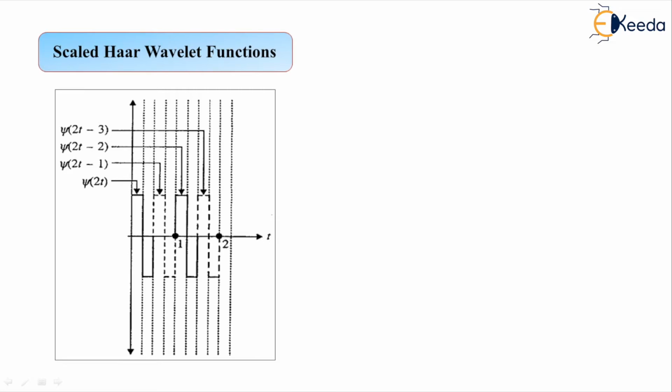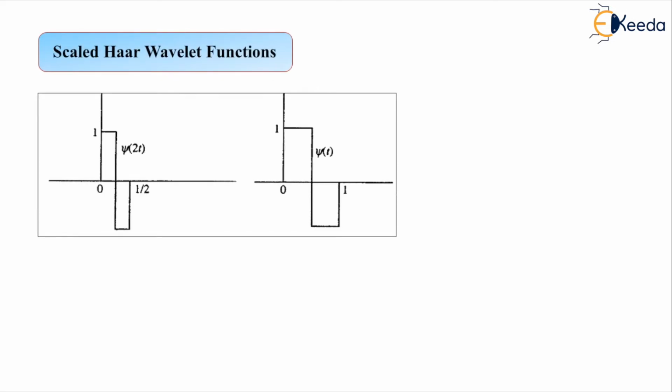Why is it so? Let us have one illustration here. Originally we have psi of t, as shown on the right hand side, the Haar wavelet function. For the 0 to 1 interval we have amplitude levels for equal intervals, plus 1 to minus 1. And when we have the scaled version psi of 2t, here is the representation. We see a difference as compared to the Haar scaling functions.